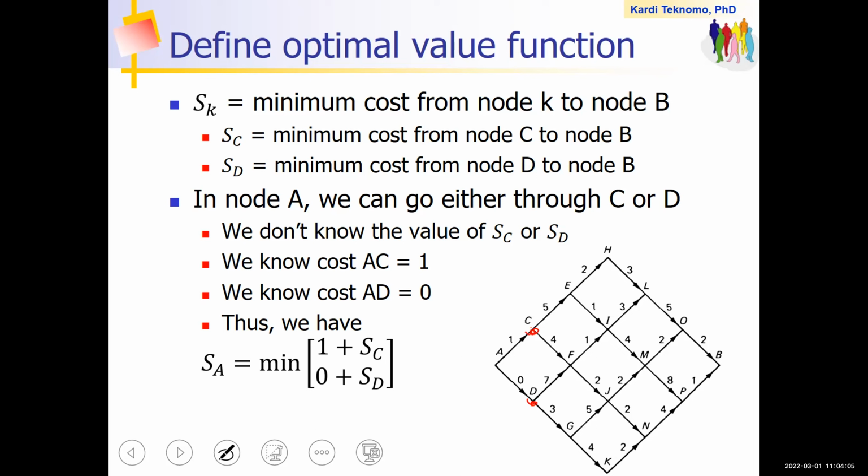So that means all I need to do is to find the minimum of 1 plus SC or, okay, 0 plus SD. Correct or not? Can you create this formula or not? My question to you. Joy, Livy.